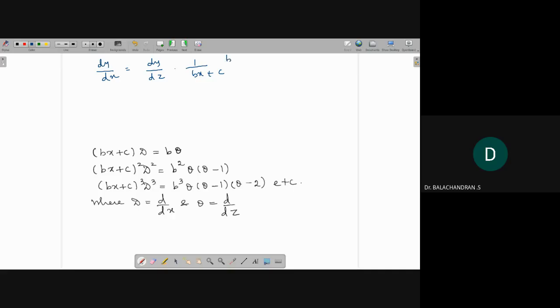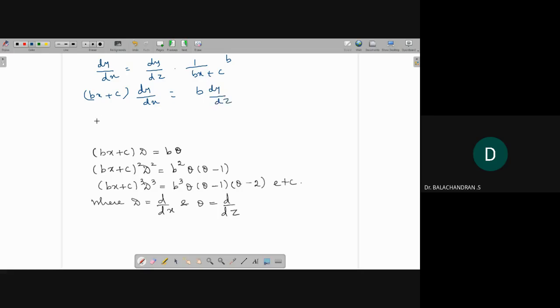b by bx plus c. So now cross multiply by bx plus c into dy by dx, which is equal to b into dy by dz.